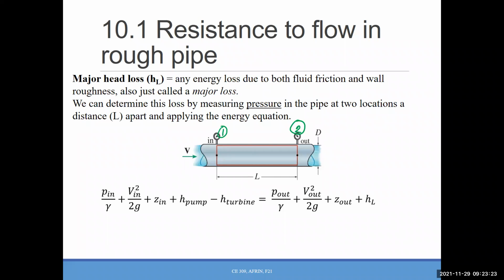Now, in between points 1 and 2, is there any pump or turbine here? There is no pump, no turbine, so these two terms are 0. The same Q is going in and going out, and D in and D out are the same also.